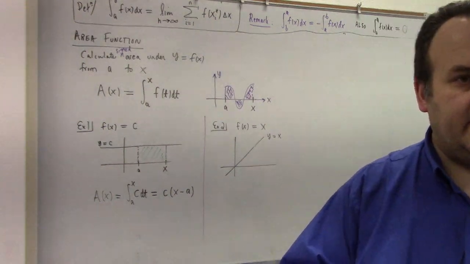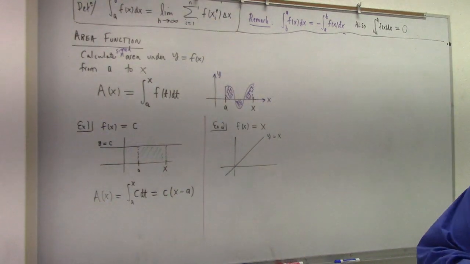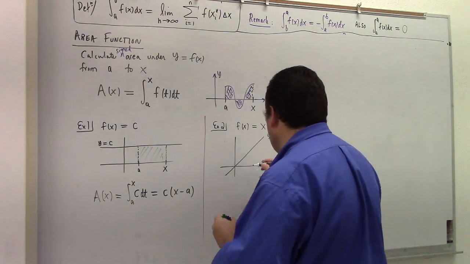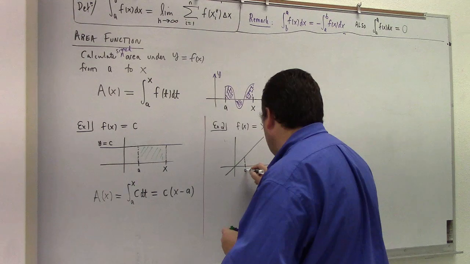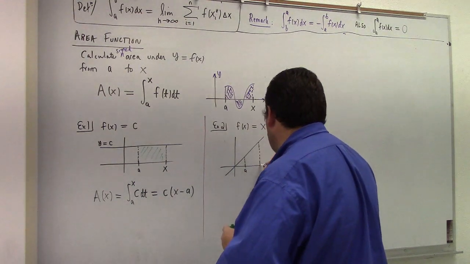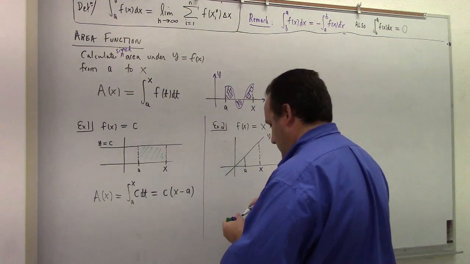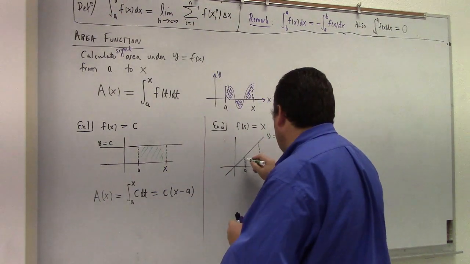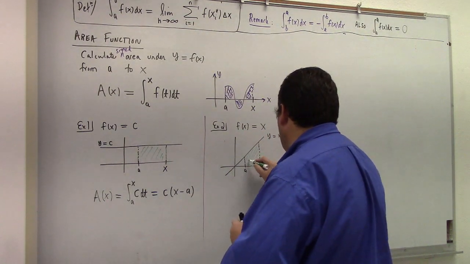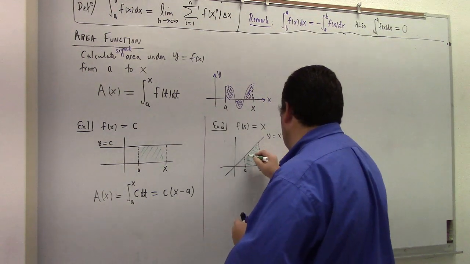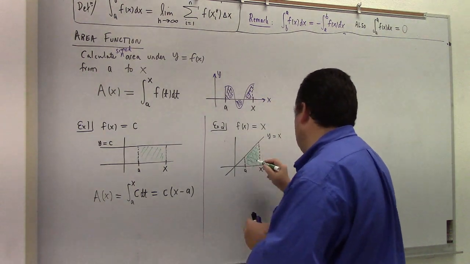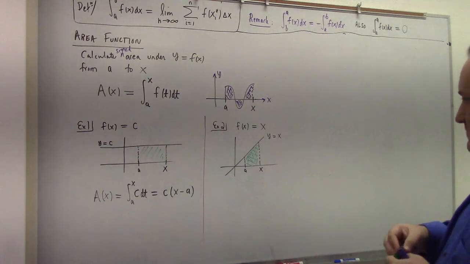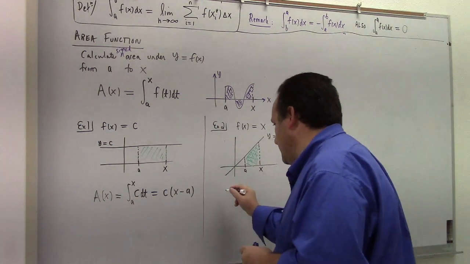Let's look at the area under that line y equals x, say from a to x. Can you tell me what the formula is for that? How would you calculate the area of this sort of trapezoidal region there? Well, yeah, with an integral, but what's the formula for it?